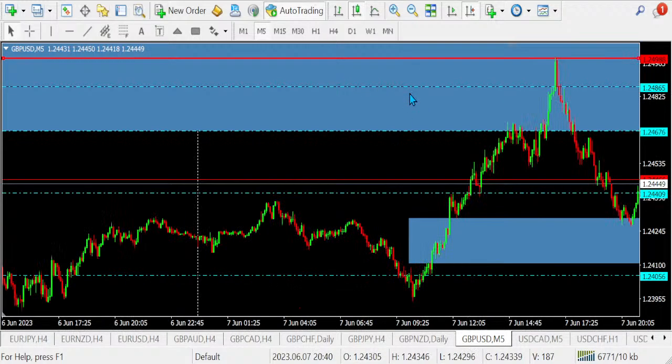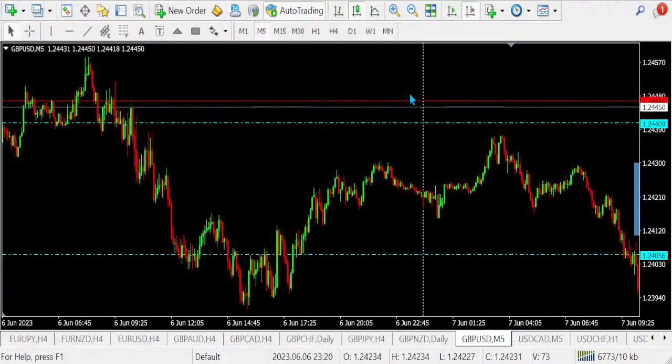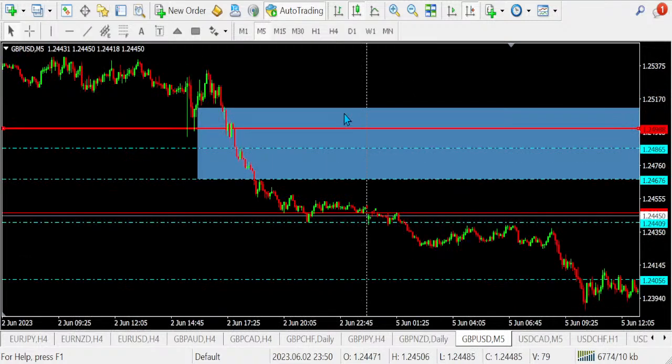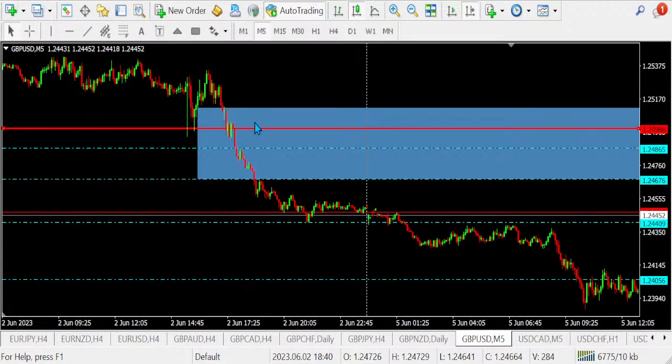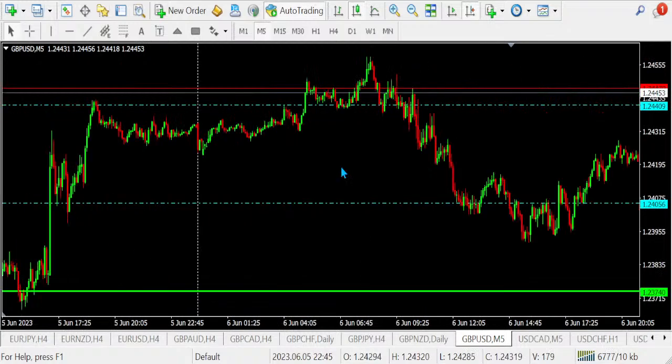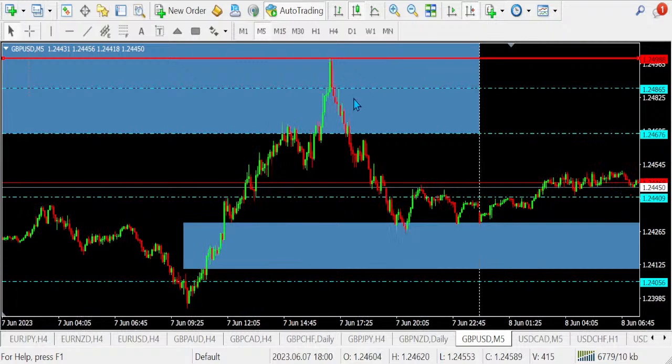The resistance was at this area here, which stands at the 2nd of June. And then now it's coming back here again, right? So after testing the resistance, it started to slip off.